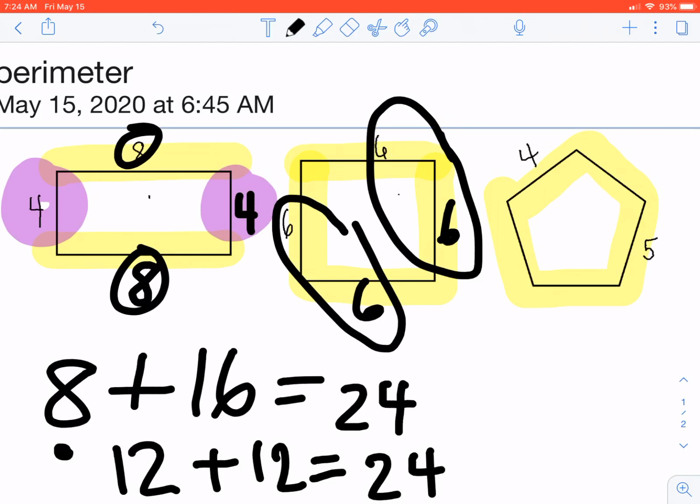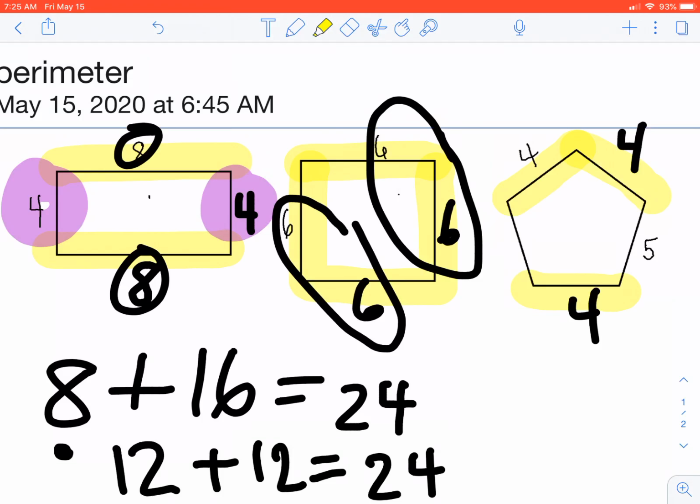Okay, so on this last shape, let's erase our lines, okay? And let's look. I know that these two sides, these opposite sides are the same length. And I can see this opposite side is the same length. So I would know that those all equal 4.